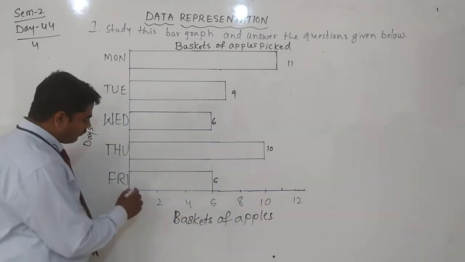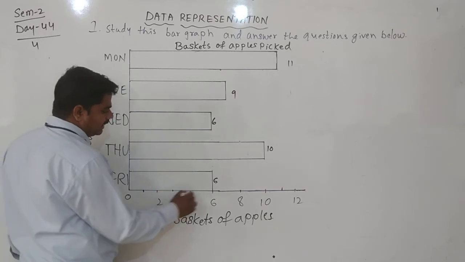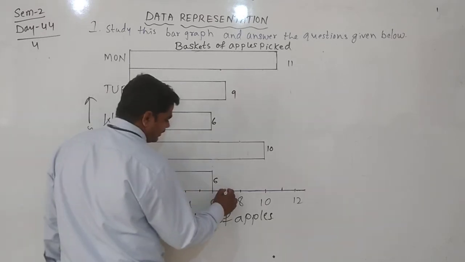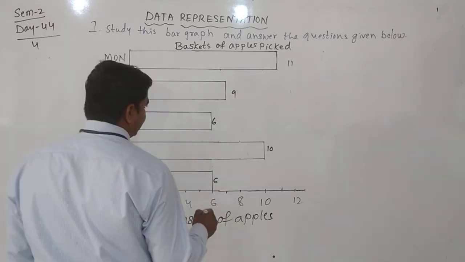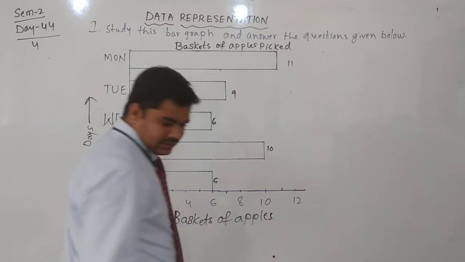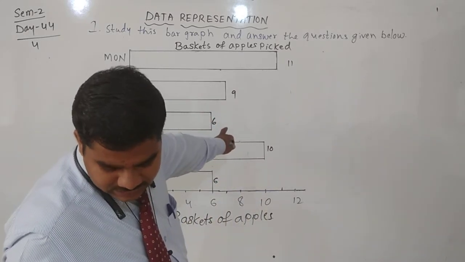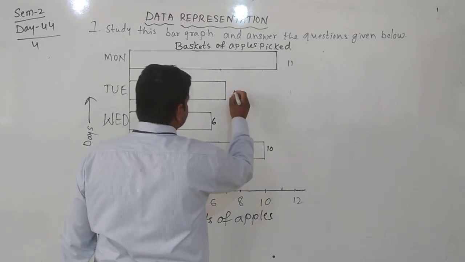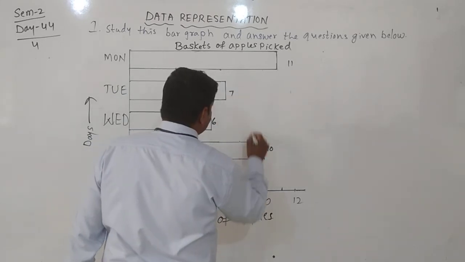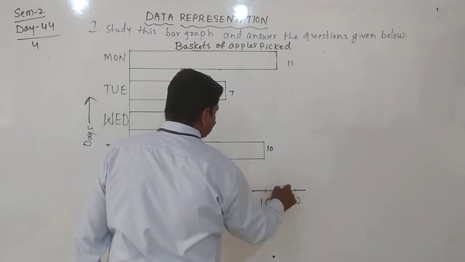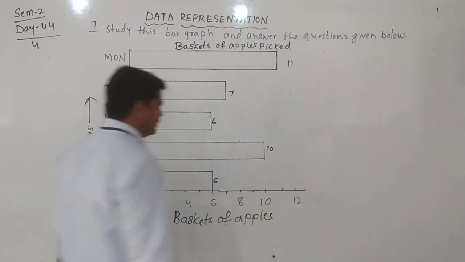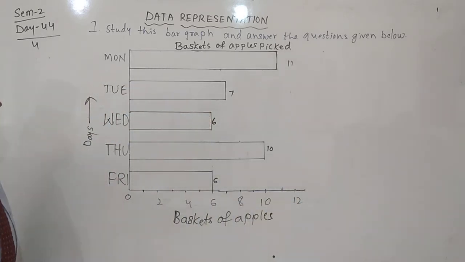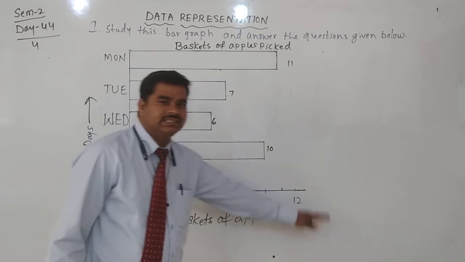Between them, here 1 is there, here 3, here 5, here 7, here 9. Then here 10, 11, 12, like this.